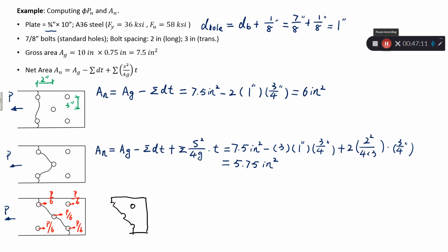Okay, so if we separate that, from that we will see only 1, 2, 3, 4, 5. Only 5 out of 6 are resisting. So 5 of 6 are resisting.